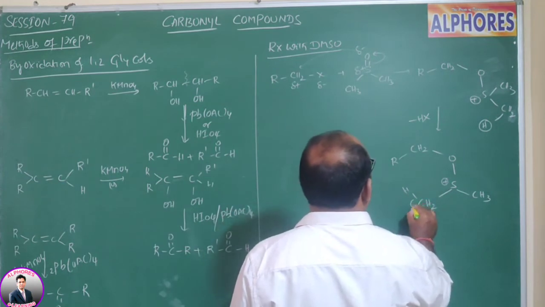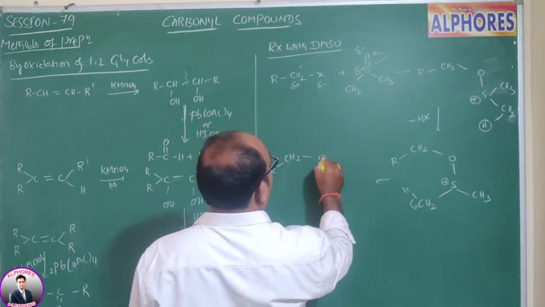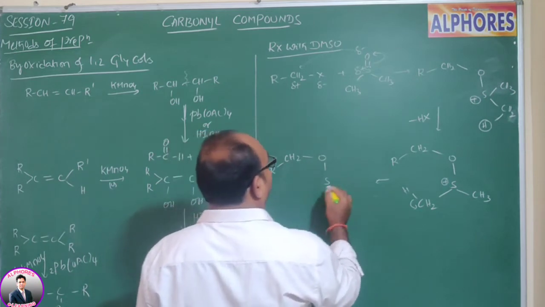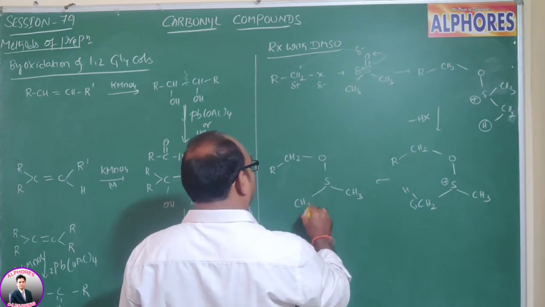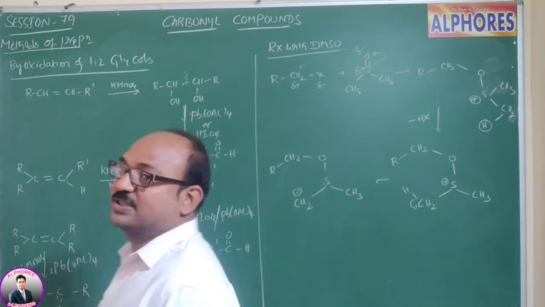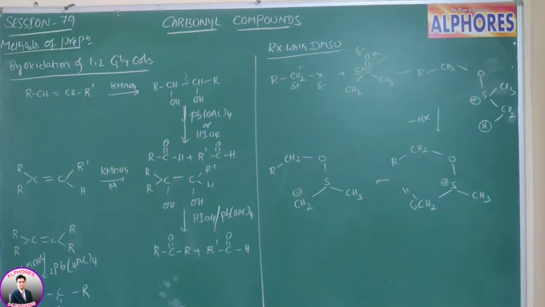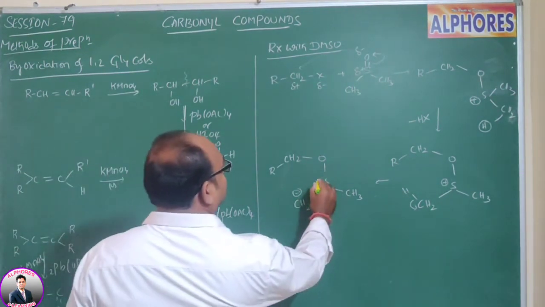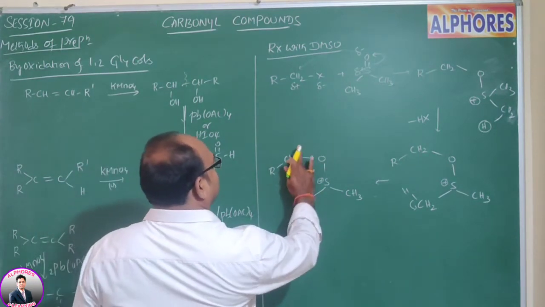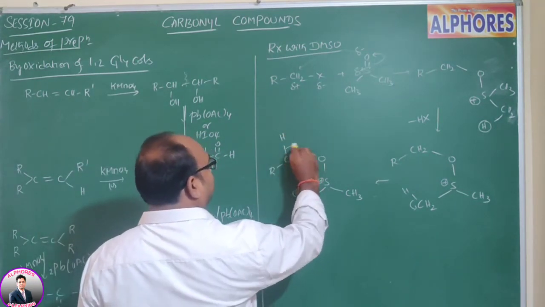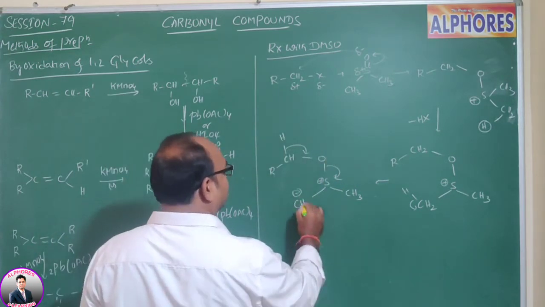Then this H plus comes out, as a result we are getting RCH2 oxygen sulfur and CH3, whereas CH2 minus we are getting here. After formation of this CH2 minus, here sulfur is going to bear a positive charge. Further, this CH bond electrons are shifted towards it, pulling electrons, and this H plus is taken by the CH2.